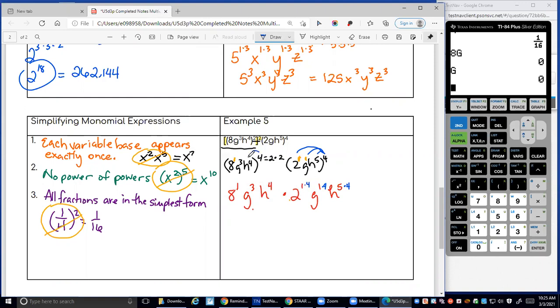Here we're multiplying everything by 4 again. And if I'm going too fast, just let me know. And I end up with 8 to the 4th power, g to the 12th, h to the 16th, times 2 to the 4th, g to the 4th, and h to the 20th.